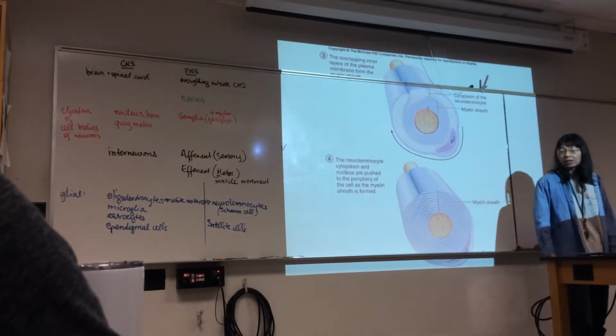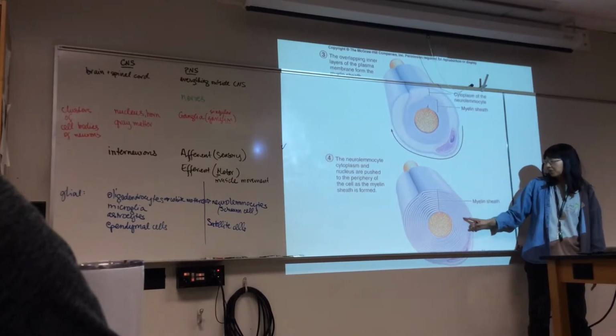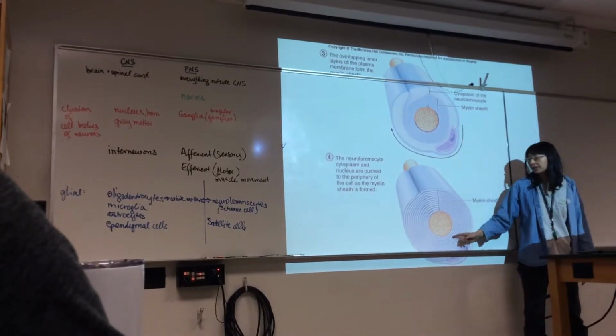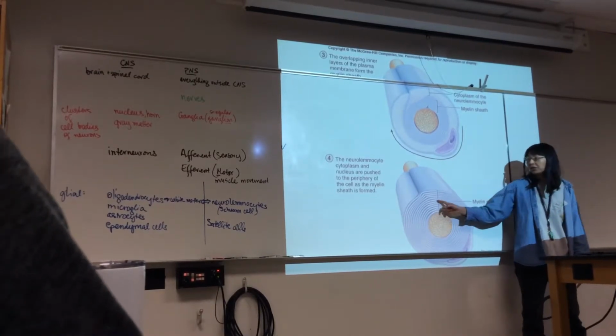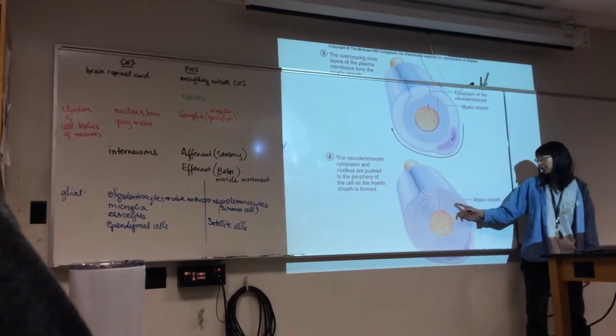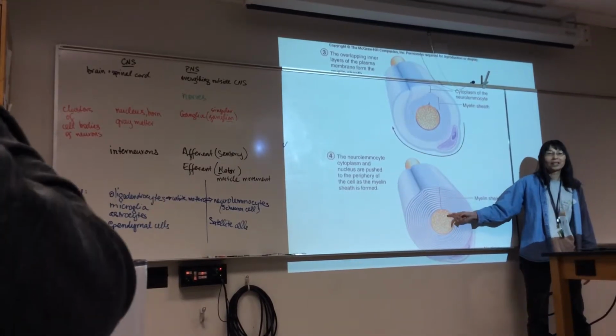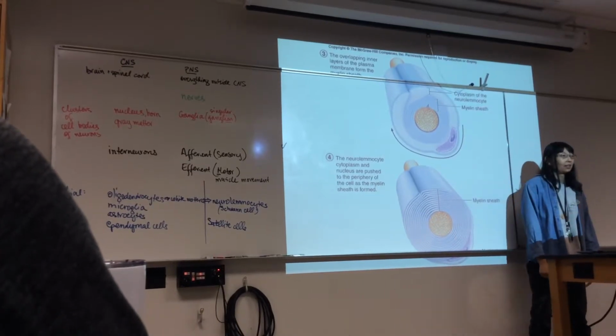So keep going with this picture and look at what's happening. You have multiple layers of this neurolemmocyte around the axon, and that's myelin sheath. That's all it is. Myelin sheath, and there's multiple layers around an axon.